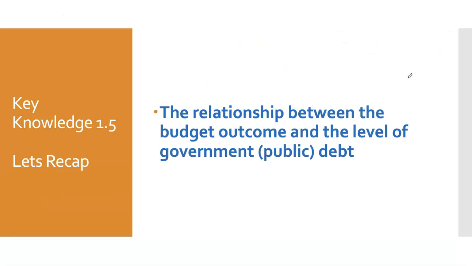But for now, I hope that this has given an understanding of a pretty simple and logical relationship between the budget outcome and the amount of debt. And simplistically, as we have deficits, and particularly as they grow, we're going to have more government debt.